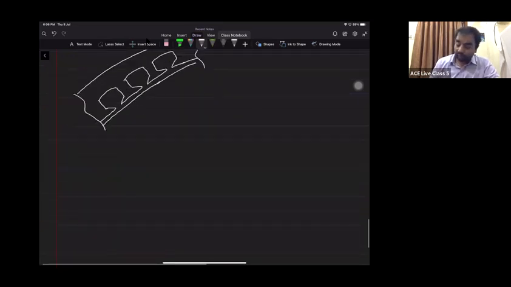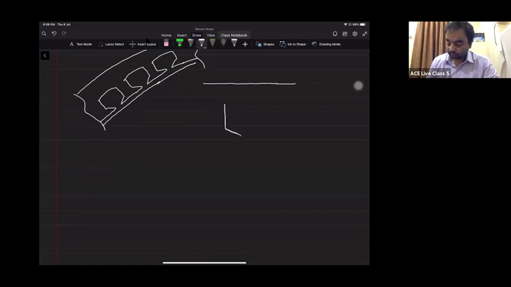Let me draw a single slot view. This is a single slot view, right? Already we have discussed the leakages here. Leakages will be comparatively more here.